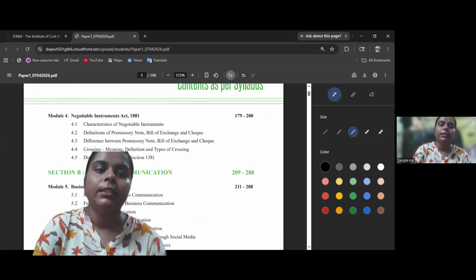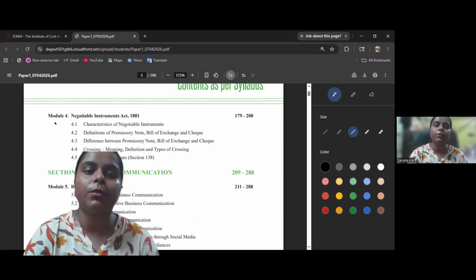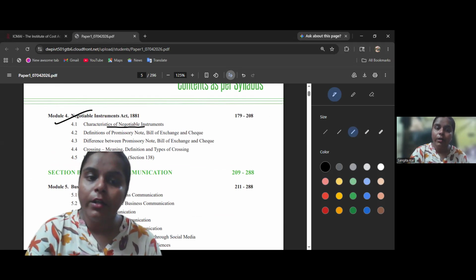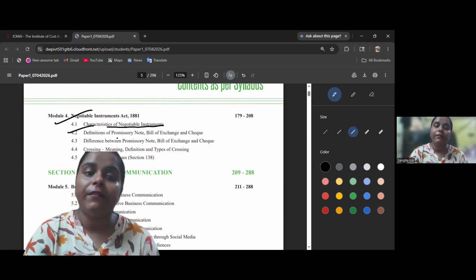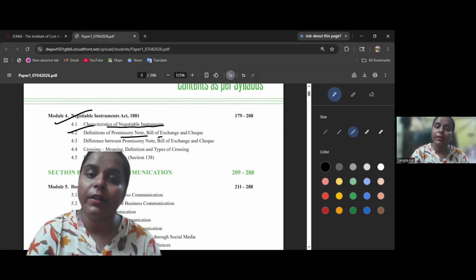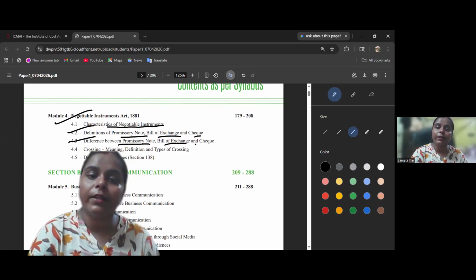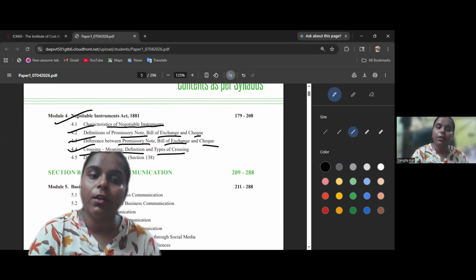Then come to the chapter Negotiable Instruments Act. Here we learn about the characteristics of negotiable instruments, definition of promissory note, bill of exchange and cheque, difference between promissory note, bill of exchange and cheque, crossing, types of crossing, dishonor of cheque.